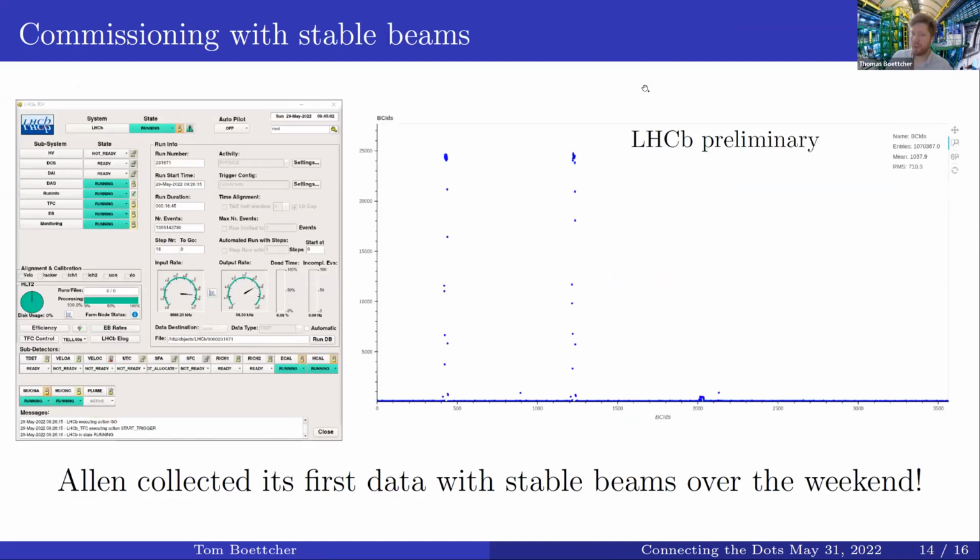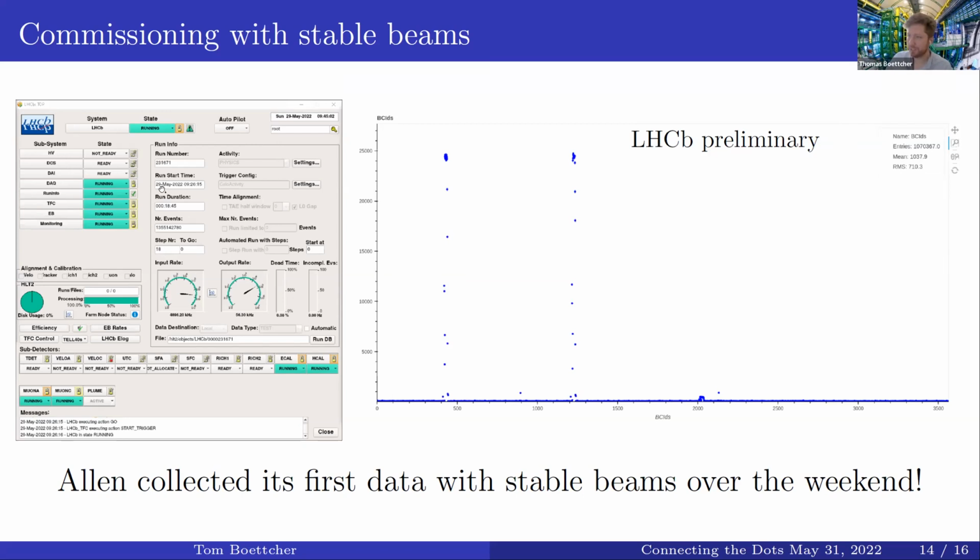And then as a very exciting step forward, just this weekend, Allen collected its first data with stable beams. So this image on the left is a screenshot of the dashboard that the shifter will see in the control room.